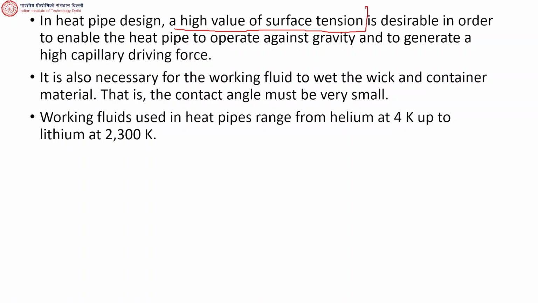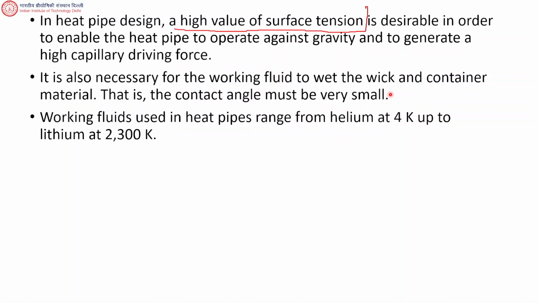You have to push the liquid from the condenser side back to the evaporator side. So high value of surface tension is desirable in order to enable the heat pipe to operate against gravity and to generate a high capillary driving force.